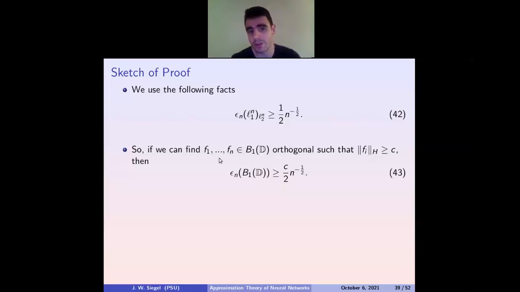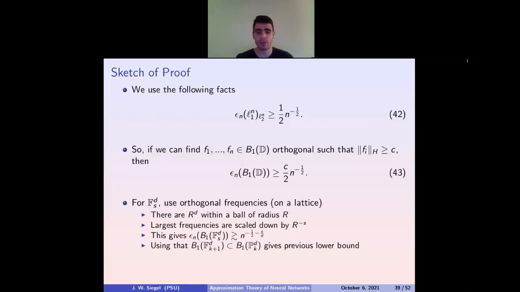So the convex hull of f1 through fn is also contained in B1 of D. Which means that I've essentially found a scaled image of the L1 unit ball in my class. Basically, I've found an L1 unit ball of size c in my class, and that tells me the metric entropy is lower bounded by c over 2 n to the minus 1/2.